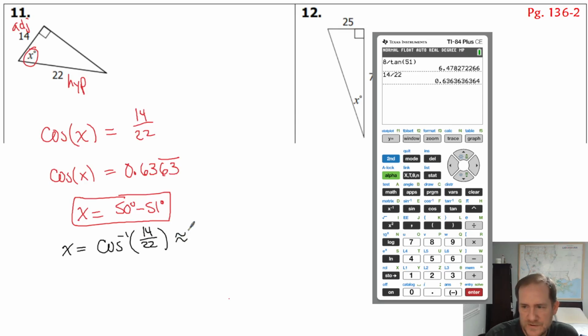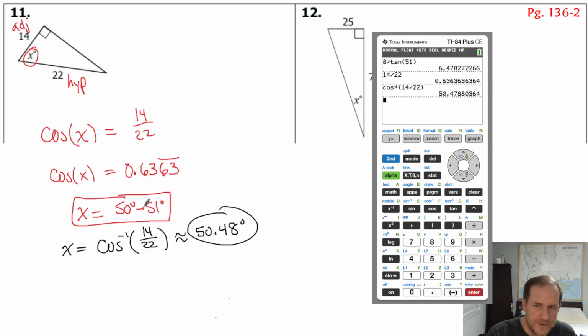But either way you slice it, we should be getting a final answer of inverse cosine 14 over 22, 50.48. And that does work for what we thought it was. We knew we were between 50 and 51, and there we are.